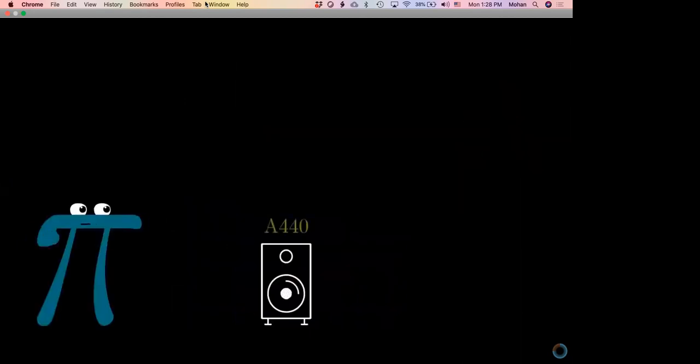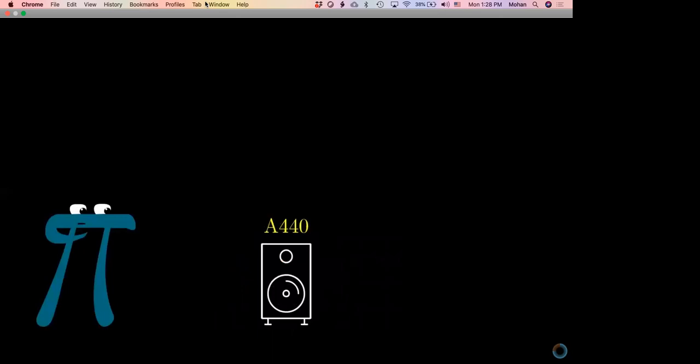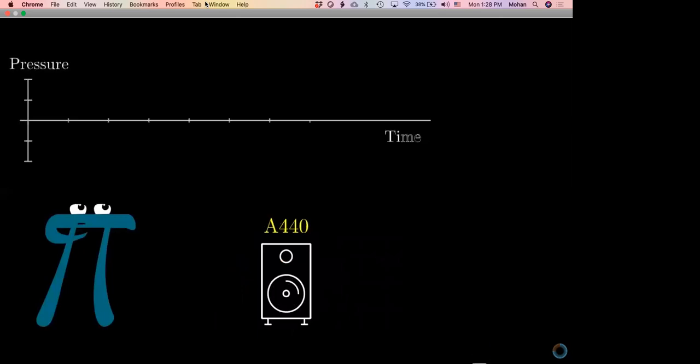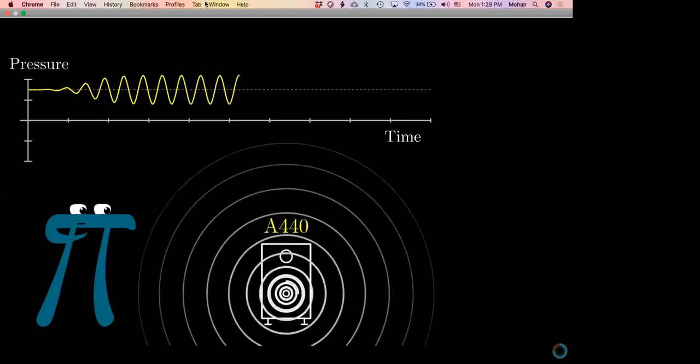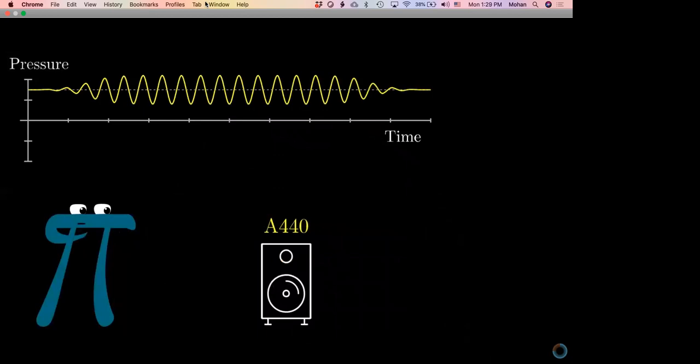Let's dive in. This sound right here is a pure A, 440 beats per second, meaning if you were to measure the air pressure right next to your headphones or your speaker as a function of time, it would oscillate up and down around its usual equilibrium in this wave, making 440 oscillations each second.